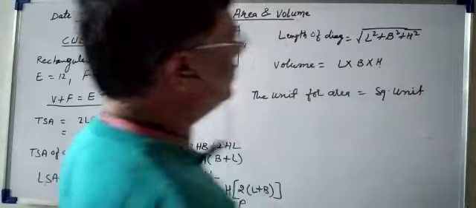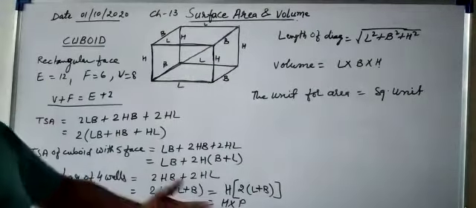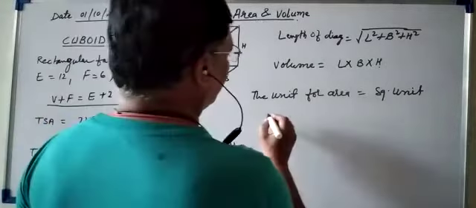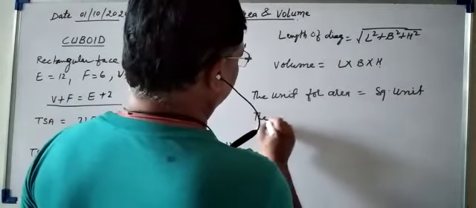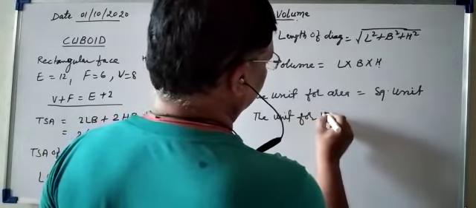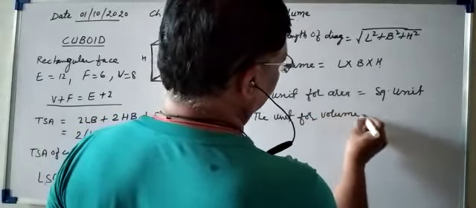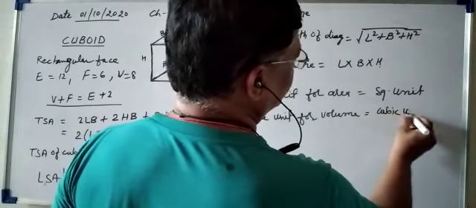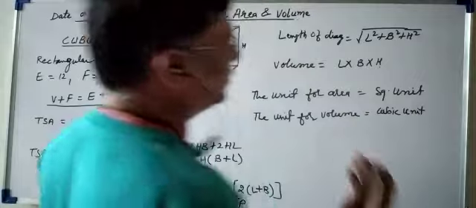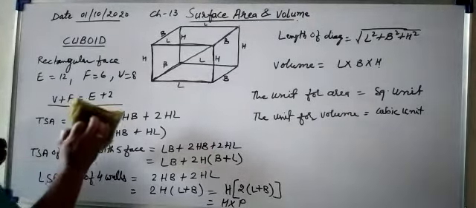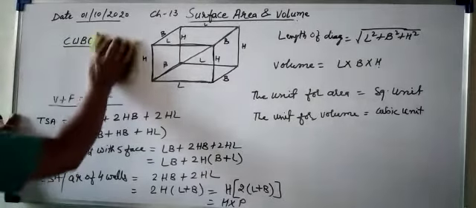That means you can use centimeter square, meter square, kilometer square, whatever. And the unit for volume is cubic unit, like centimeter cube, meter cube, millimeter cube, this way. Okay. Now we take another figure, that is the cube.